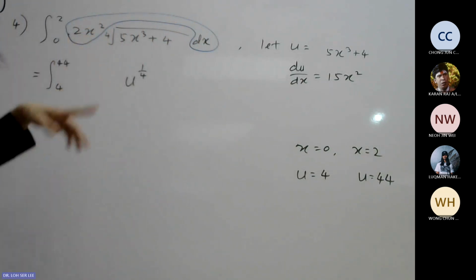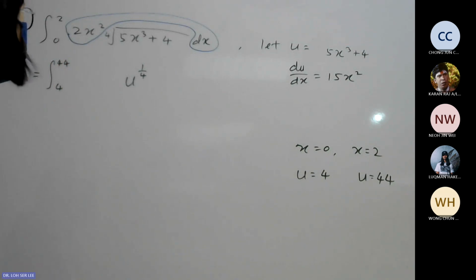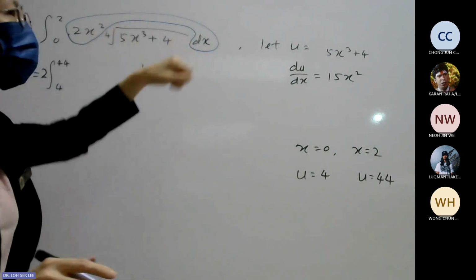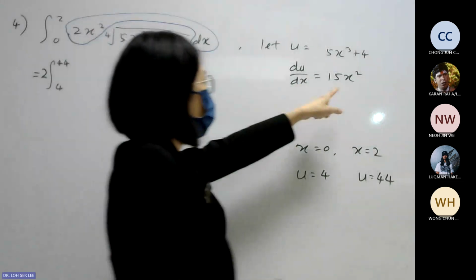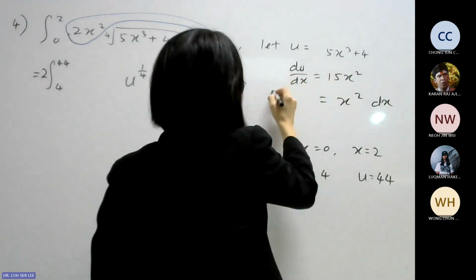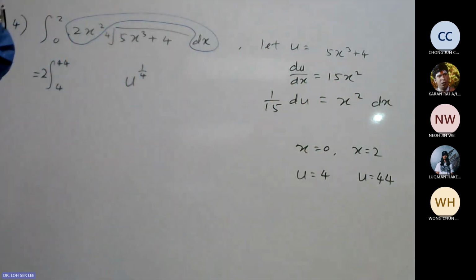The 2, you can factorize so that we need another x squared dx. The x squared dx you can get from here, that means 15. Move it to the left, then we get the x squared dx.